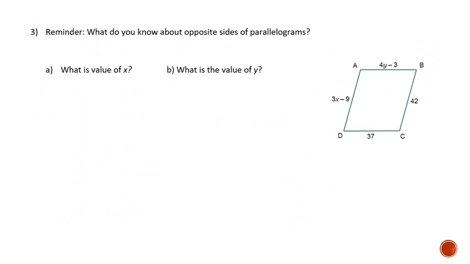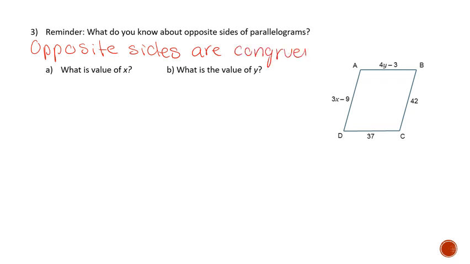The next figure that we are dealing with is again a parallelogram. We want to find the measures of opposite sides. We know that opposite sides are congruent. That means if I take this side and set it equal to this side, I should be able to solve for y because I know that these two opposite sides are going to be congruent.